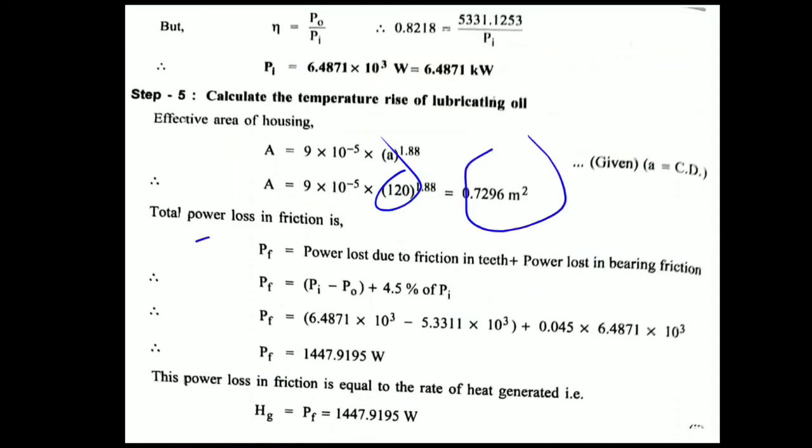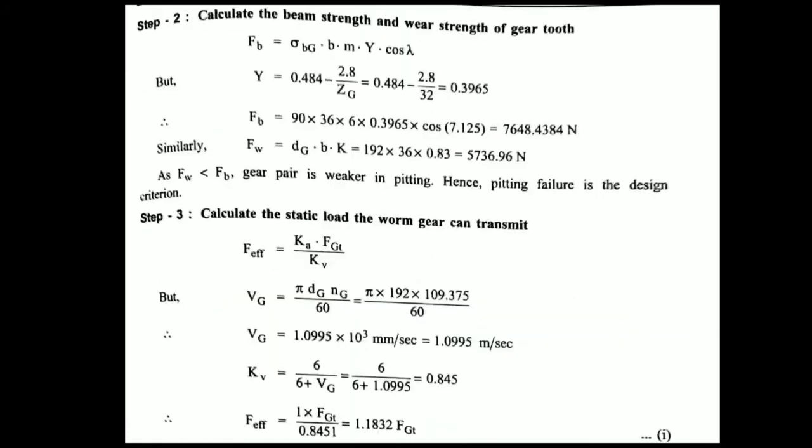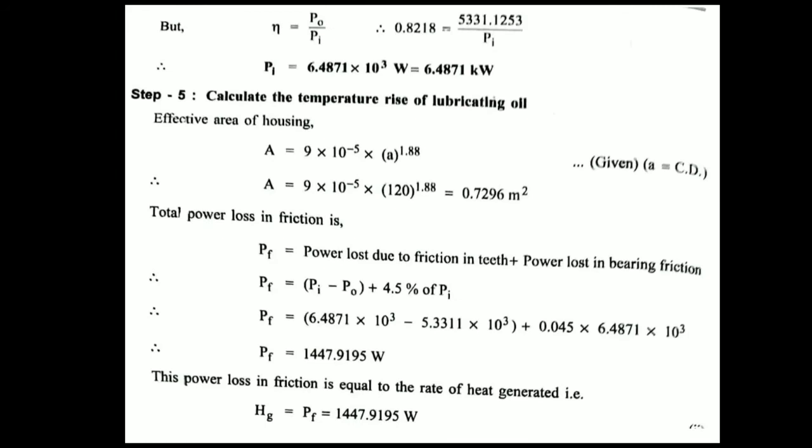The power loss due to friction, as I told you in the numerical, power loss means heat generation. So that will be the value PF is equal to PI minus PO, actually in terms of efficiency. But here they have mentioned 4.5%, see, 4.5% of total input as frictional losses they have mentioned. So now these losses we will have to consider. Therefore the equation is coming like this, PF is equal to PI minus PO.